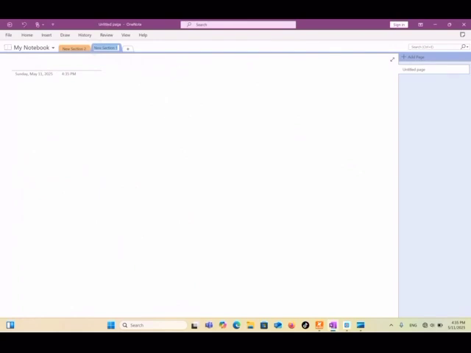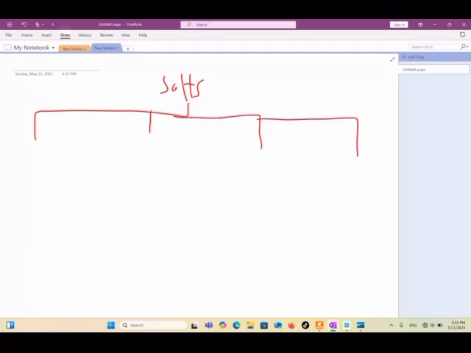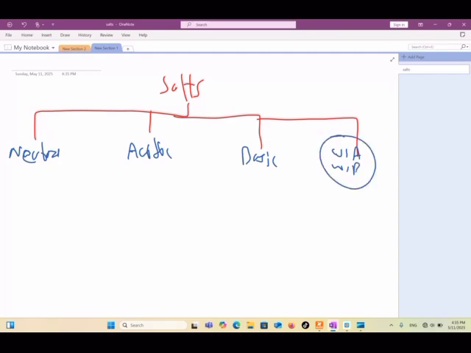Let me talk about the types of salts in general. The first type of salt is the neutral salt, and then acidic, and then basic, and then a type that we obtain from weak acid and weak base, which can be acidic, basic, or neutral based on the Ka and Kb values.